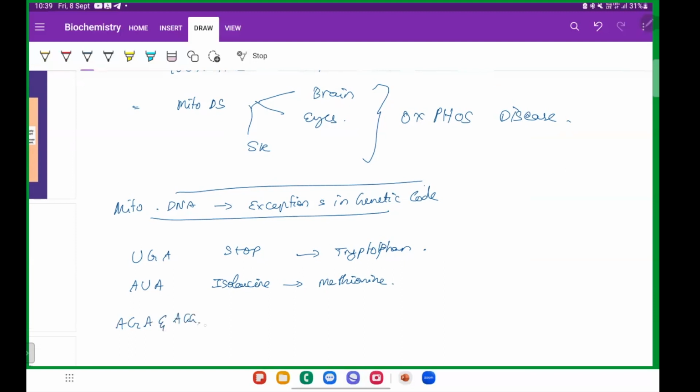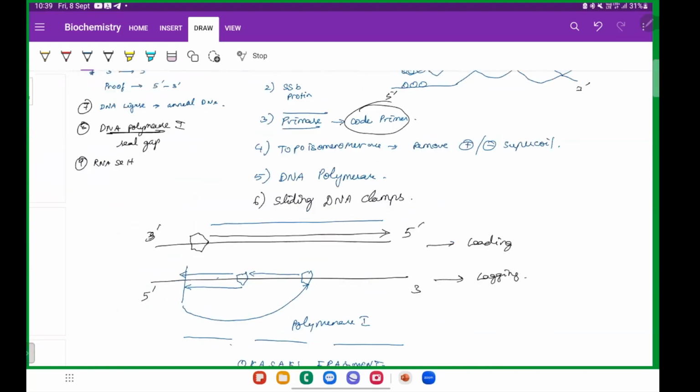This usually produces arginine, whereas in mitochondrial DNA it is going to be a stop codon. So that means all the mitochondrial as well as nuclear codons are the same except these three important things.